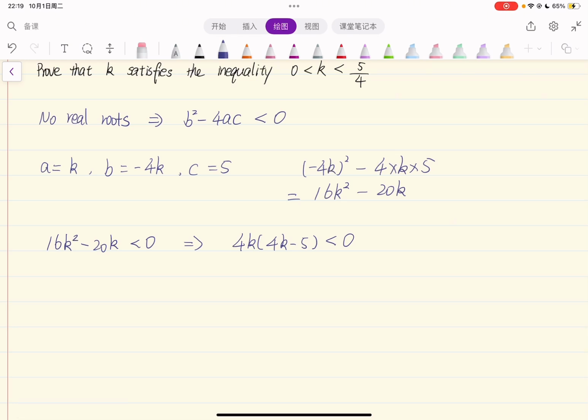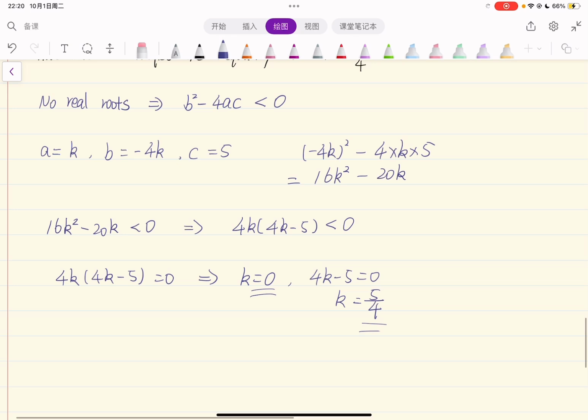Right? And then we need to solve the left-hand side, which means solving 4k times (4k minus 5) equals 0. We have the critical values. One is k equals 0, and another is when 4k minus 5 equals 0, so k equals 5/4. So we got the two critical values: one is 0, one is 5/4.